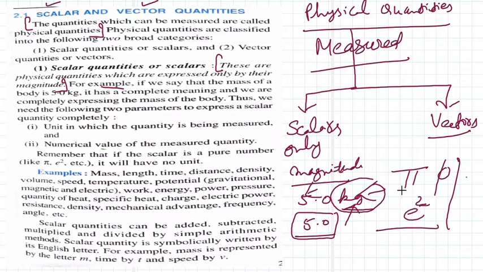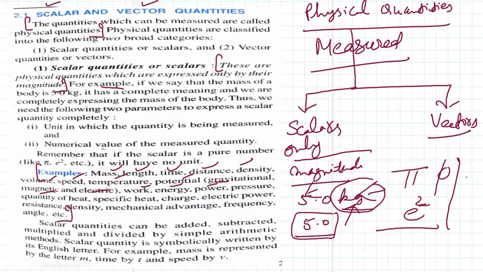Now what are examples of these scalar quantities? Examples are mass, length, time, distance, density, volume, speed, temperature, potential of any kind, gravitational, magnetic or electric, work, energy, power, pressure, heat, quantity of heat, specific heat, latent heat, charge, electric power, resistance, mechanical advantage, frequency, angle, etc. These have only magnitude.